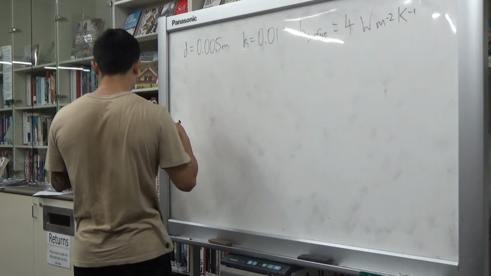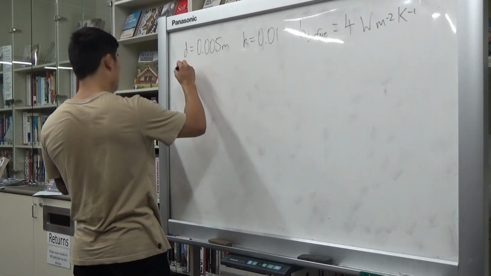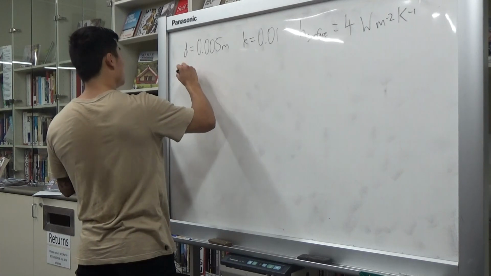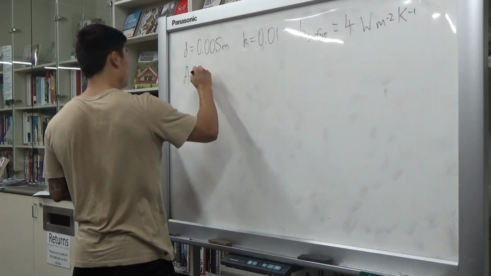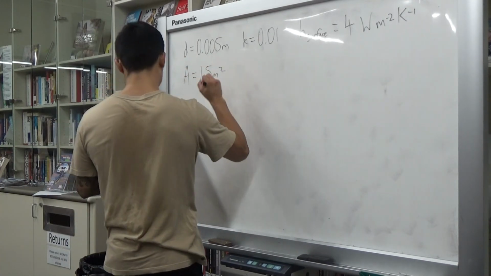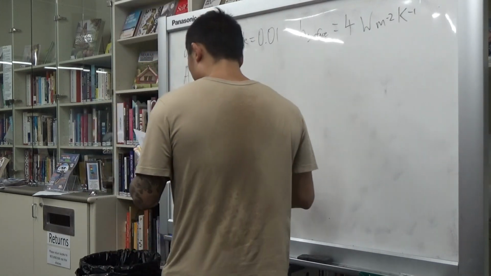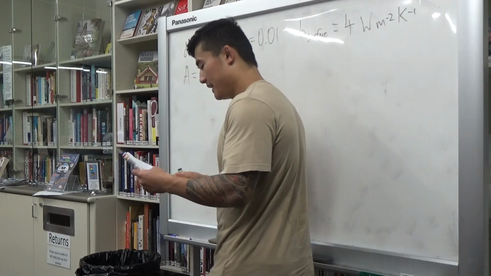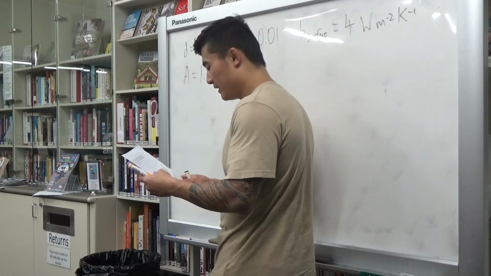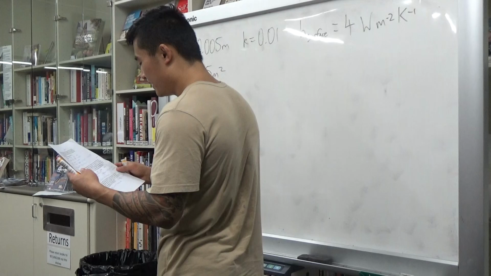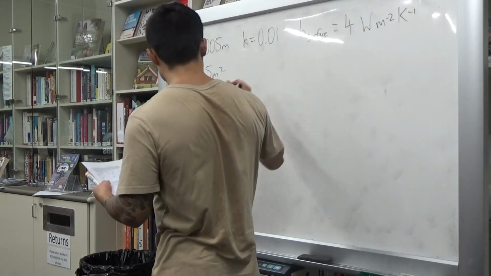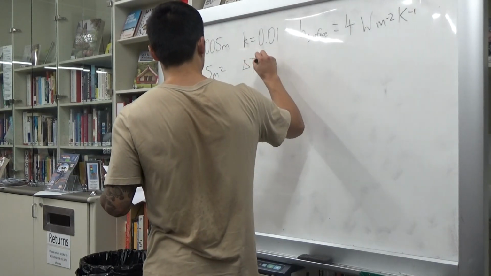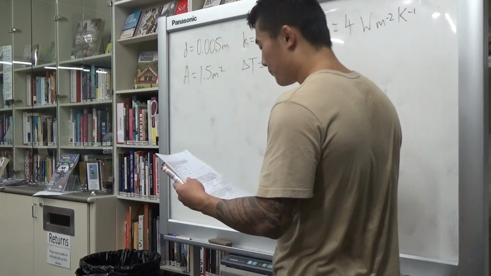And the clothed surface area, which is exposed to cold air, is 1.5 meters squared. So our area is going to be 1.5 meters squared. And the outer surface of the student's skin beneath the clothing is 35 degrees, while the temperature of the surrounding air is negative 10 degrees. So we need to find the difference in temperature.